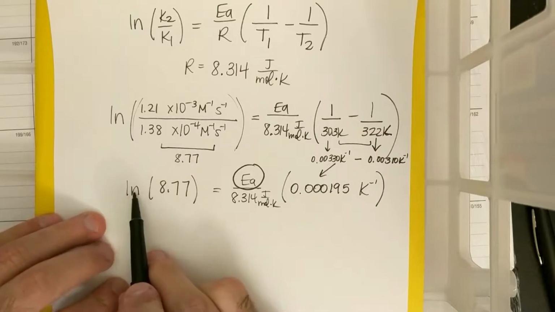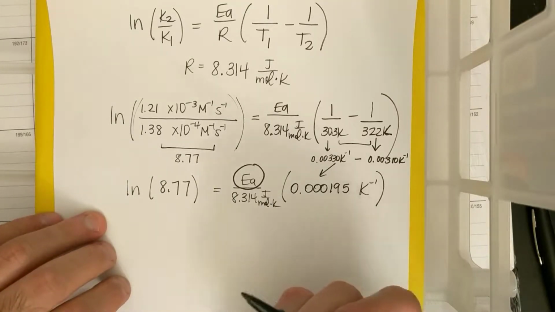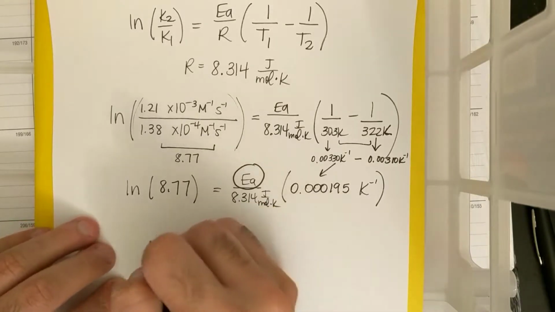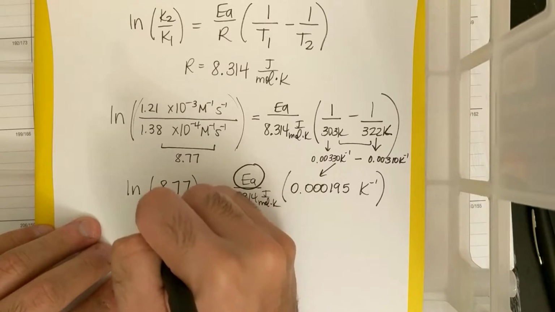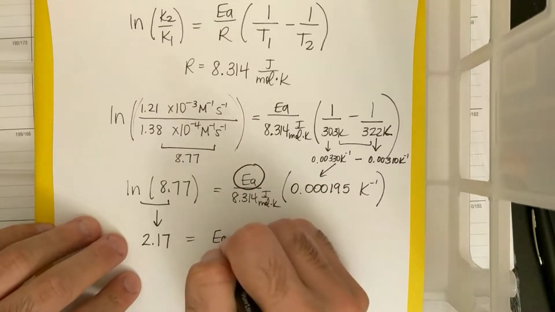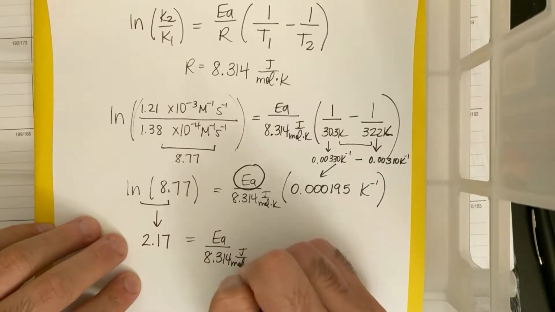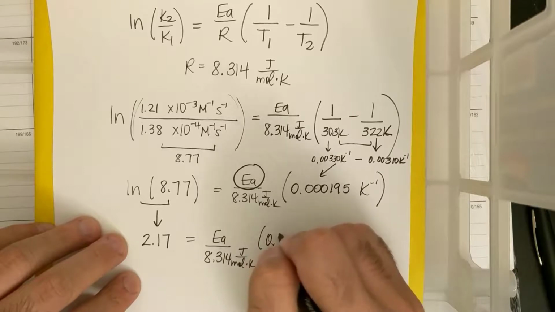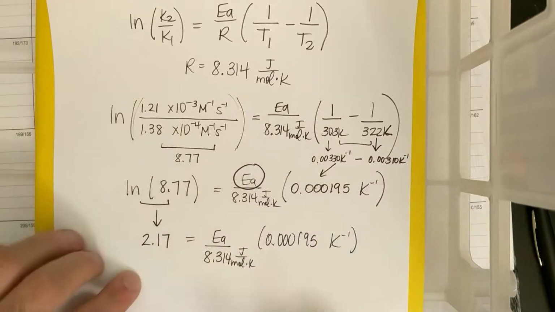Now, I could easily just do natural log of 8.77. That is equal to 2.17. So I get 2.17 equals EA over 8.314 joules per mole Kelvin times 0.000195 per Kelvin.